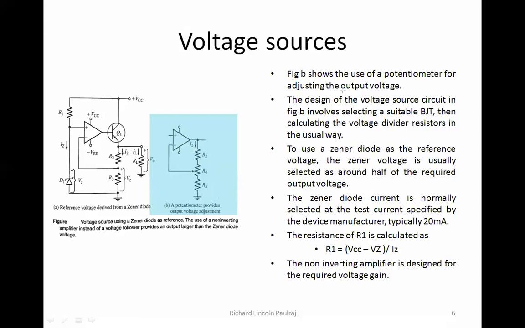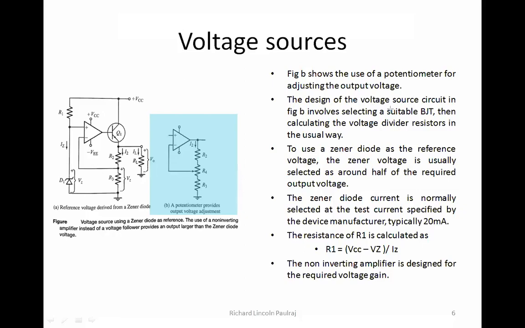The figure shows a potentiometer for adjusting the output voltage. Ultimately I can adjust or vary my output voltage, just like how we set the cutoff frequency. Remember, for cutoff frequency we used a capacitor. In the same fashion, we are using a potentiometer here for changing the values of output voltages.